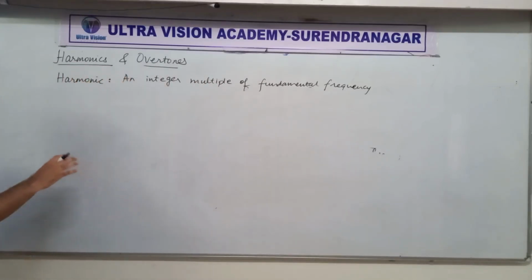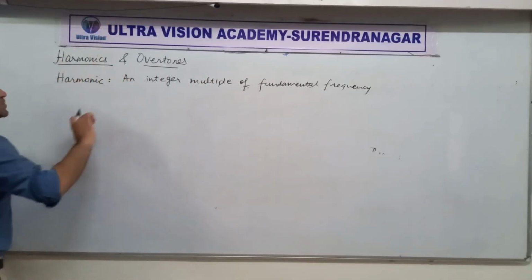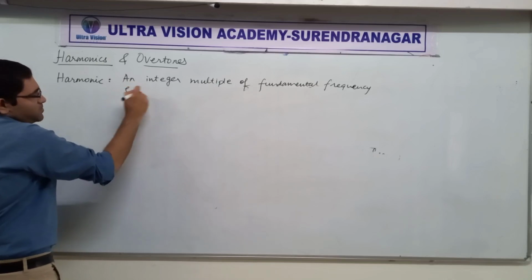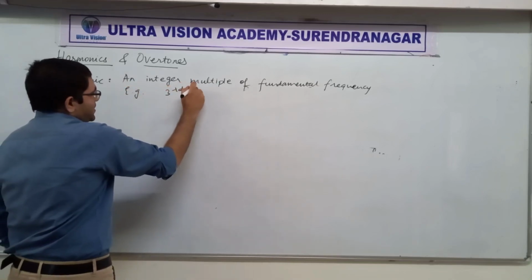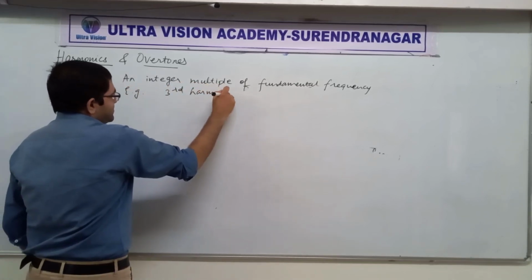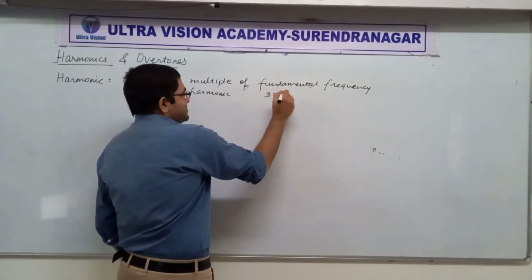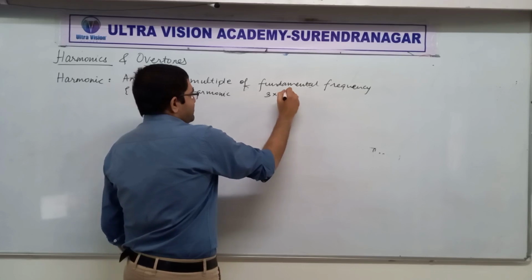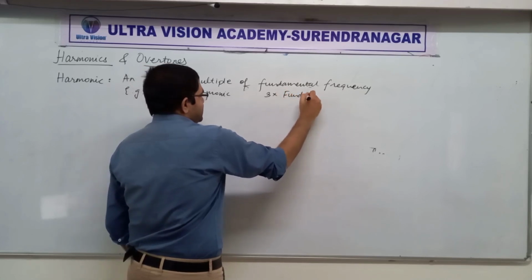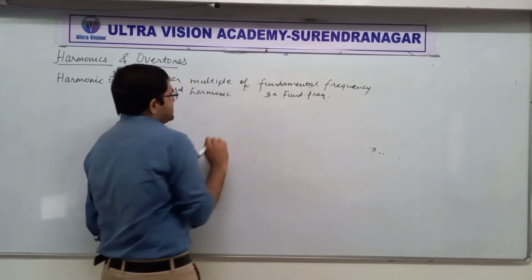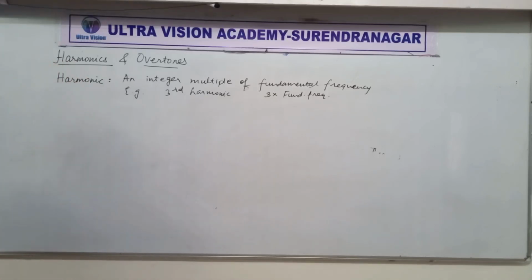That's the definition of harmonic. So what that means is, for example, third harmonic would mean 3 times fundamental frequency. Did you understand the example? Harmonic absolutely clear, everyone?